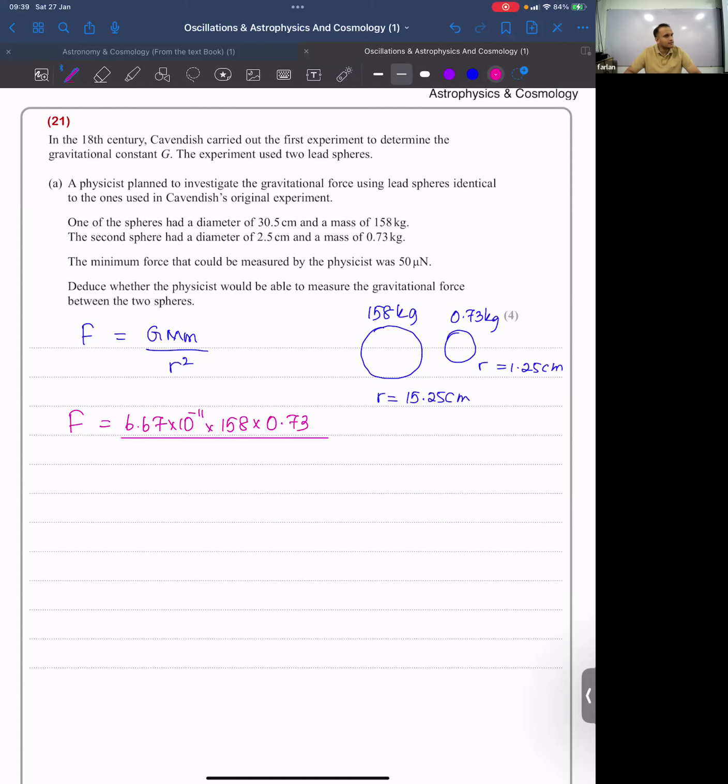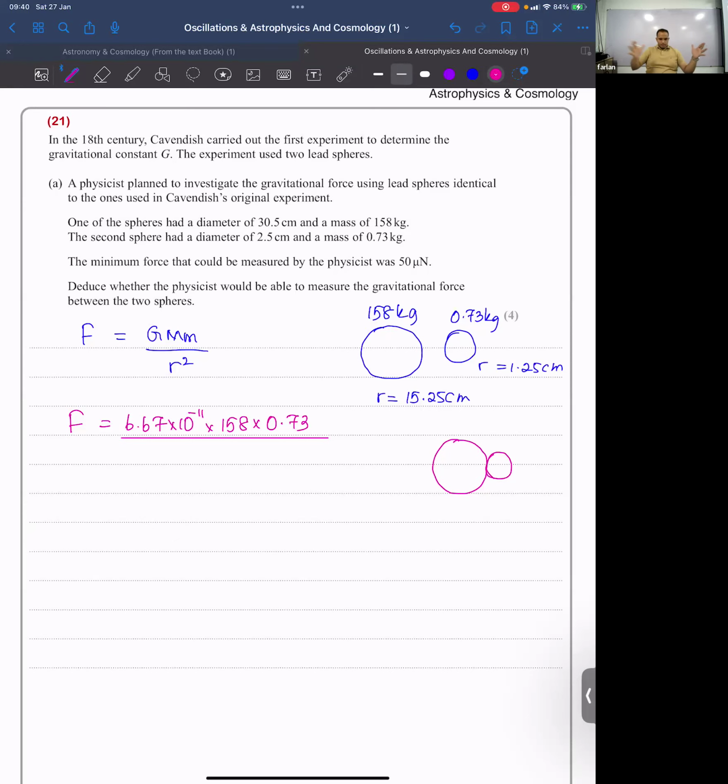What is the r? What is the distance between the two objects? Addition of both. Now listen, why? Now guys, the experiment is to see whether he can measure the force. The force between them will be maximum when they are as close as possible, right?